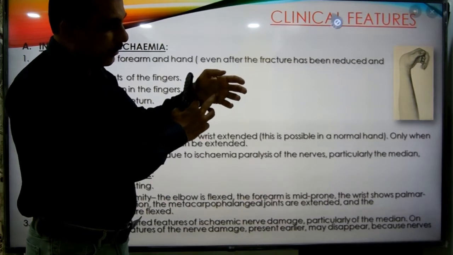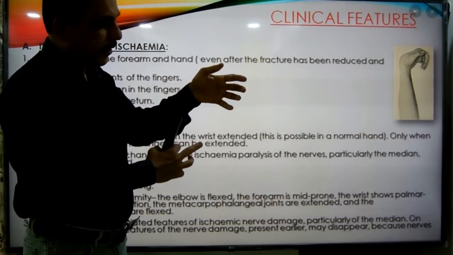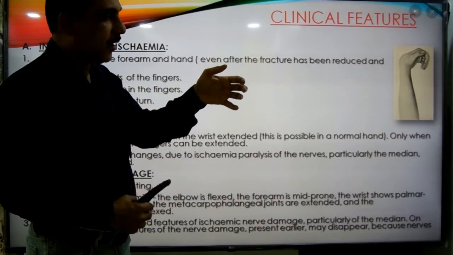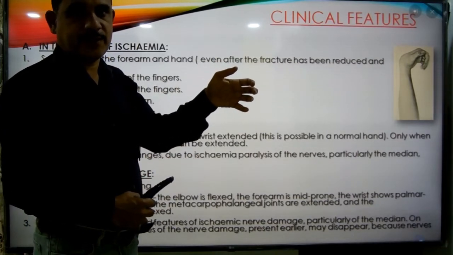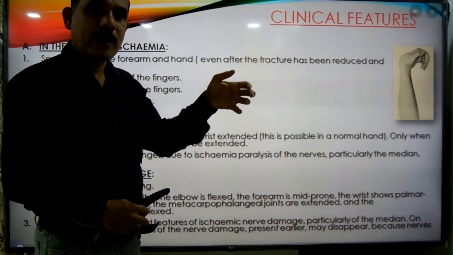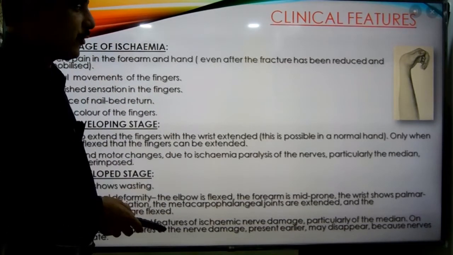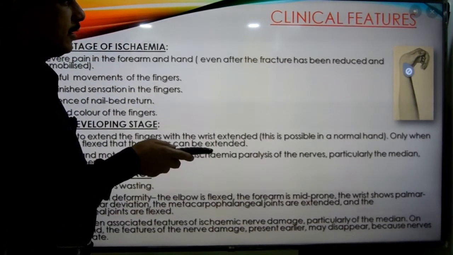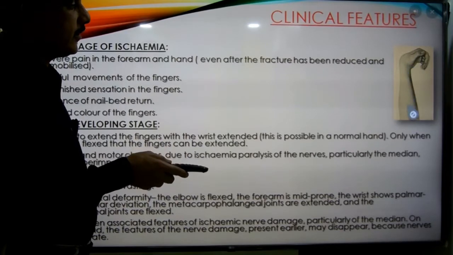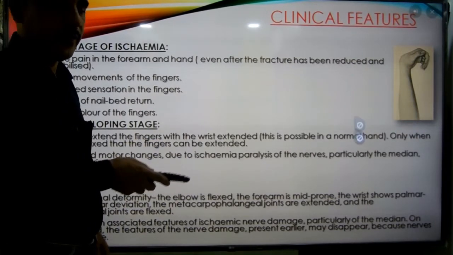The metacarpophalangeal joint is extended, and the interphalangeal joints are flexed. This typical deformity appears like a claw hand. Do you understand? This is a typical clinical feature of Volkmann's contracture. Here the elbow is slightly flexed, which cannot be seen in the figure.